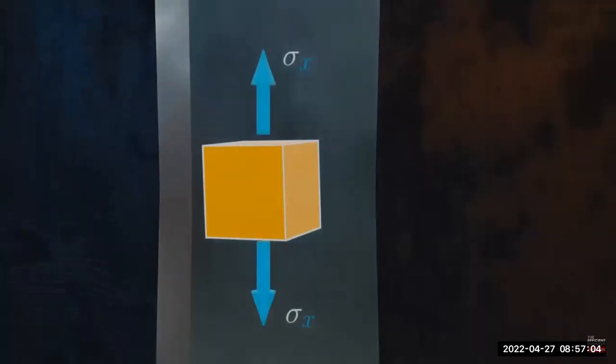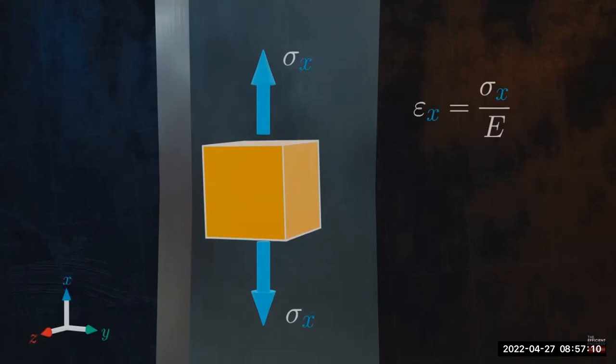The strain in the longitudinal x direction is simply given by Hooke's law, as sigma x divided by the Young's modulus E. Even though there are no stresses acting in the lateral y and z directions, there will be strains in these directions, as the material is contracting laterally. The strains in the lateral directions are obtained by multiplying the longitudinal strain by Poisson's ratio. This is just using the definition of Poisson's ratio, which we covered earlier.